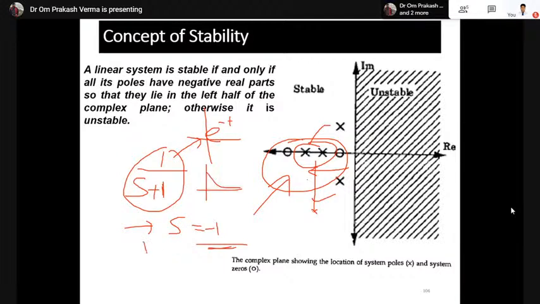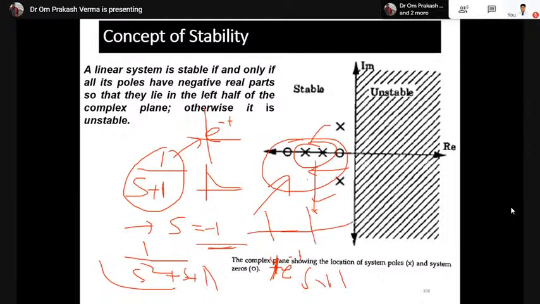Now see 1 upon s square plus s plus 1. Again it is something like e to the power minus t into sine t type. The graph is like this.